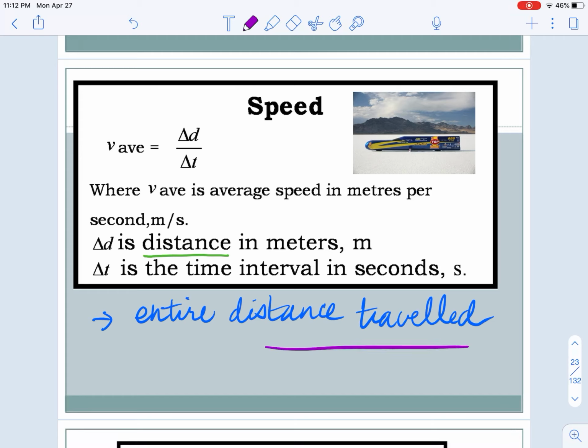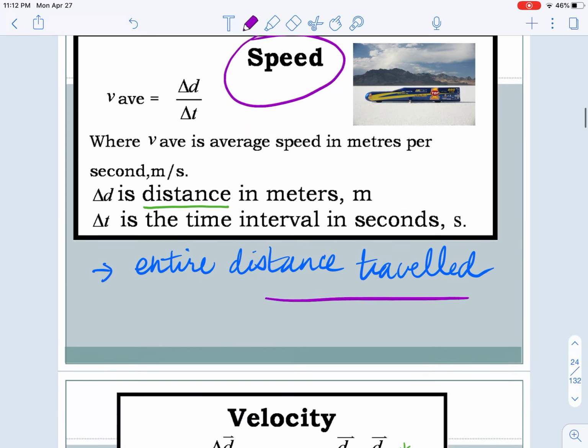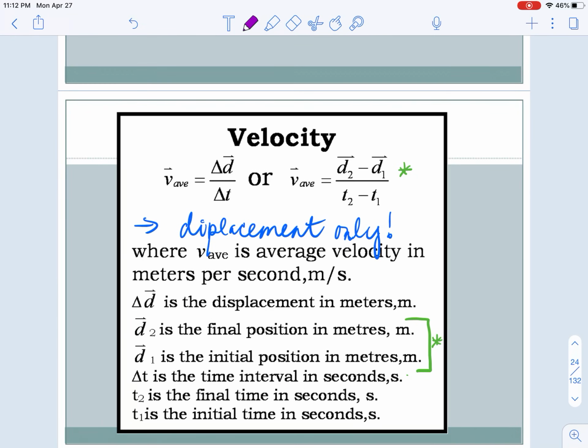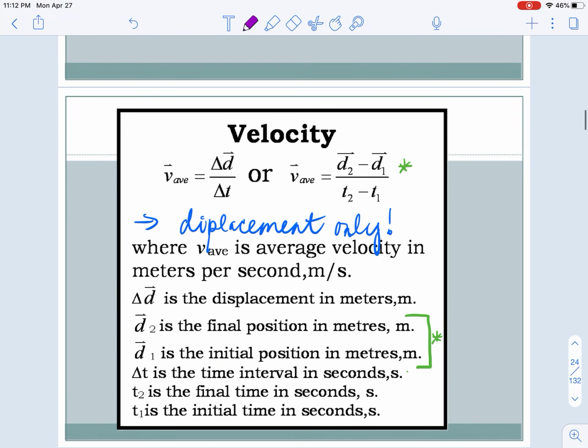And so if you were just looking at the entire distance that someone traveled, you would say the amount of area covered, the distance they traveled over the time that it took them. That would be calculating the speed in meters per second usually, and that would be the whole distance they traveled.